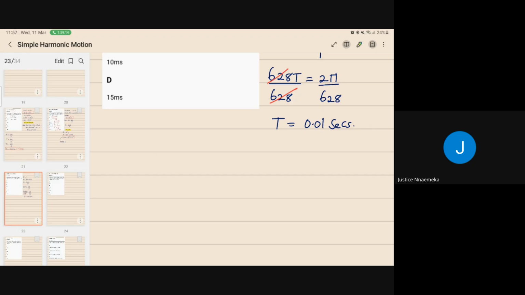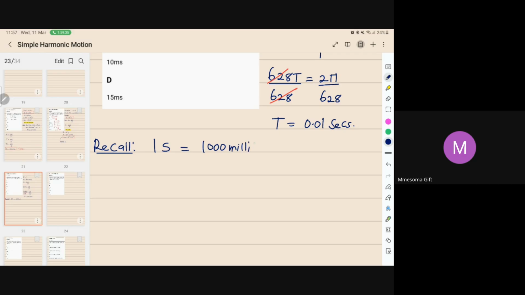You don't know the conversion factor. Multiply by what? 1,000. By 1,000, right? That's a good one, Meso. So recall that 1 second is equal to 1,000 milliseconds.